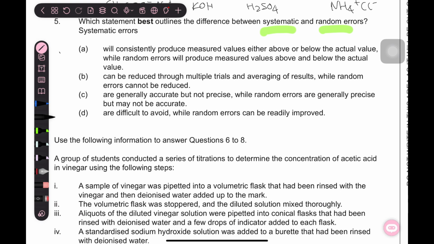And then if you have a systematic error 2, that will be always below the actual value. Whereas if you had a random error, it could be above or below. So random error 1 could be above in the first experiment, and then below in the second experiment. So I'm just going to go ahead and then immediately select A as my answer.